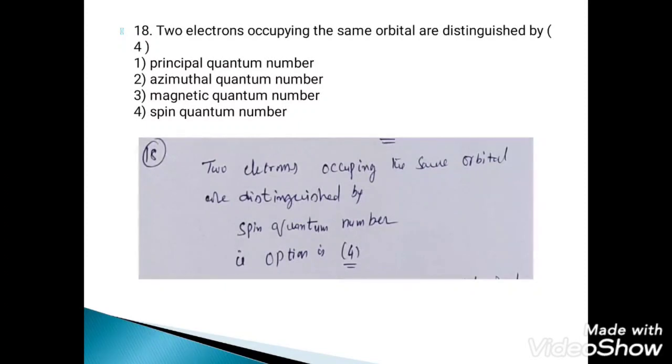Next, coming to the 18th question: two electrons occupying the same orbital are distinguished by.